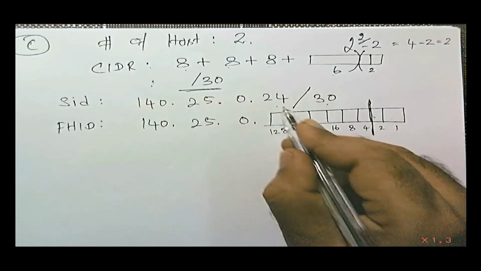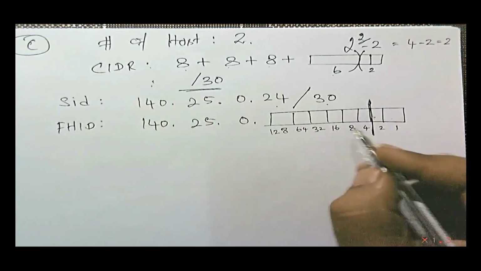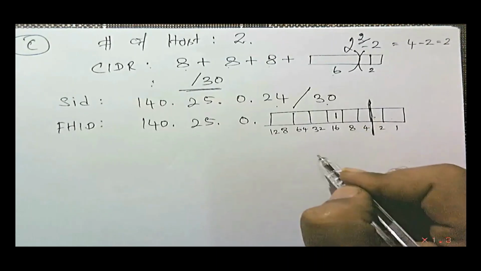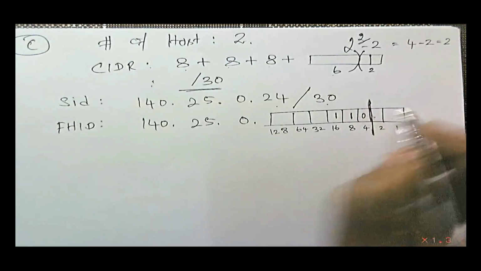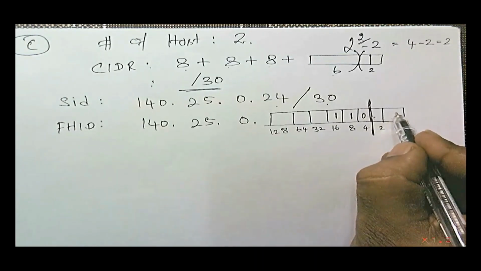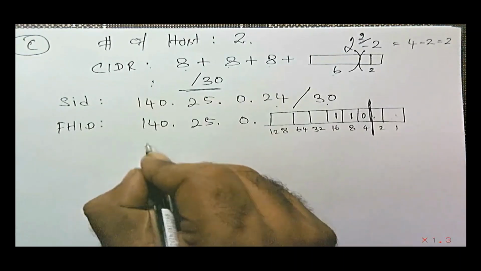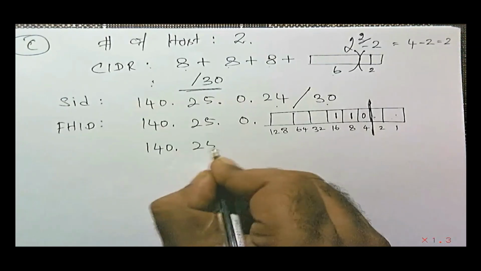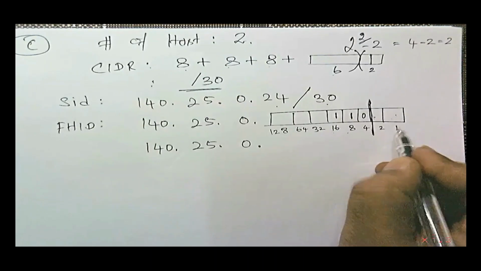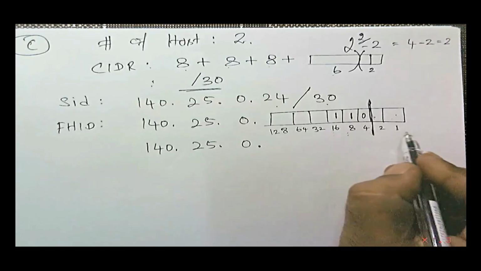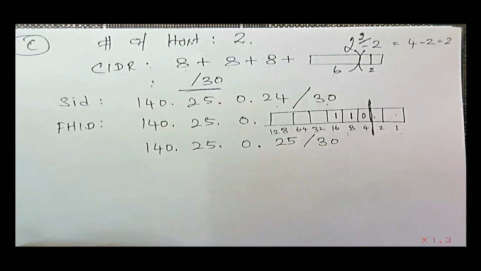Converting 24 into binary, 24 means 16 plus 8, and the remaining bits are 0. For the first host ID, the last bit should be 1, so 24 plus 1 is 25. So this is 140.25.0.25/30, and this is going to be your first host ID.